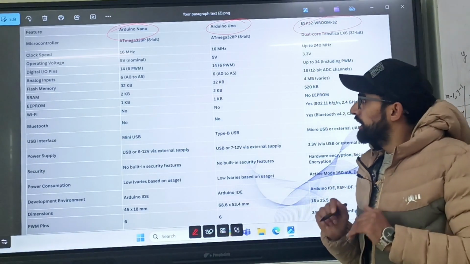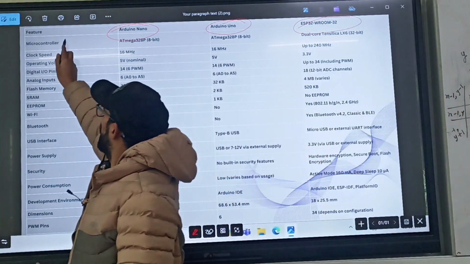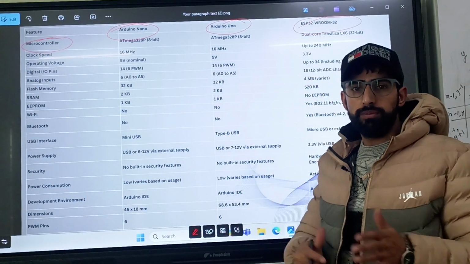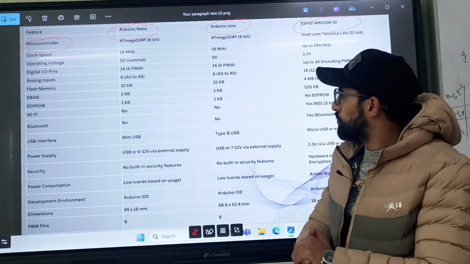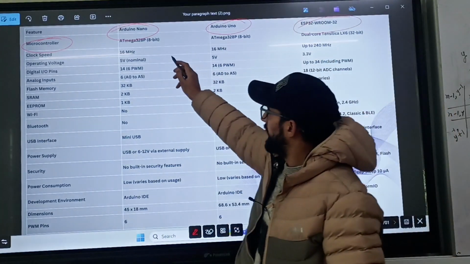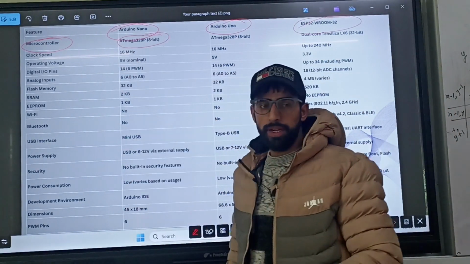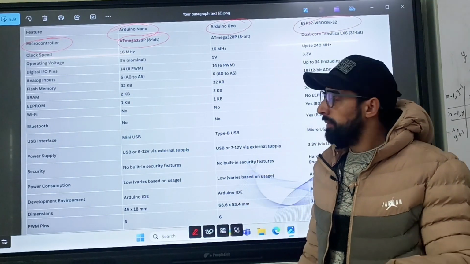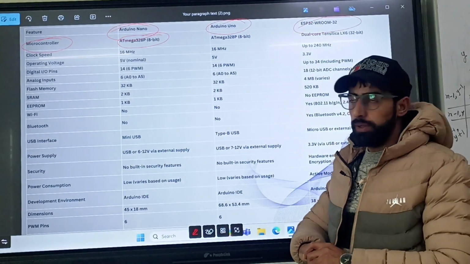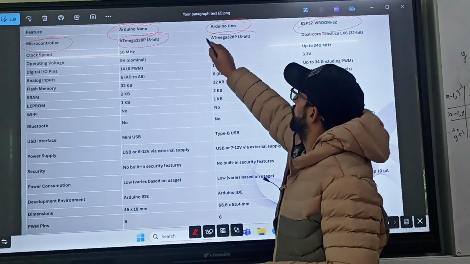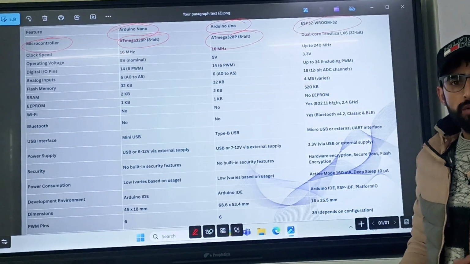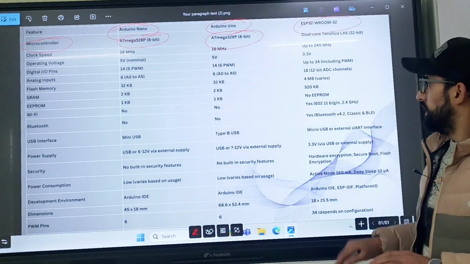First of all, the microcontroller, the CPU, the brain. Which microcontroller are we using? In Arduino Nano we are using the Atmega 328P 8-bit microcontroller. The same Atmega 328 8-bit microcontroller is used in Arduino Uno.